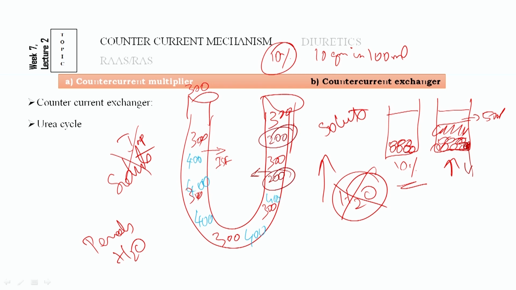So that is why you might have seen in some books, the first and foremost step is that on the descending side there is an increment of 100, whereas on the ascending side there is a decrement of 100, and the difference between these two limbs is 200. That is the most important thing, right?